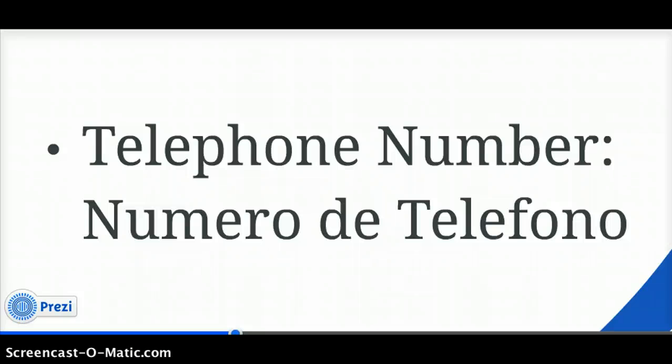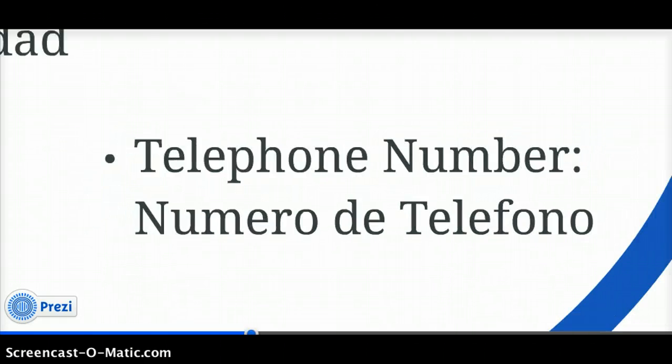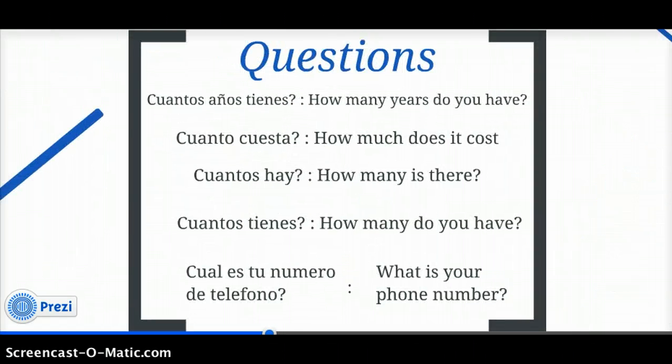Now, to say some of these things, or to get somebody to tell you these things, you have to be able to ask these things. So some of the questions that you can ask are these. To ask how many years somebody has, or how old they are, is ¿Cuántos años tienes? To ask somebody how much something costs, it's ¿Cuánto cuesta?